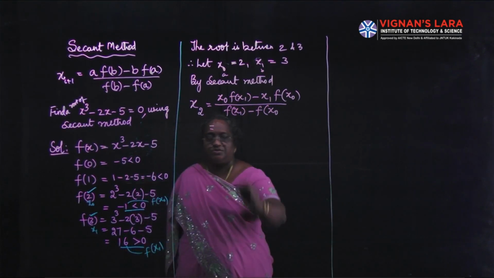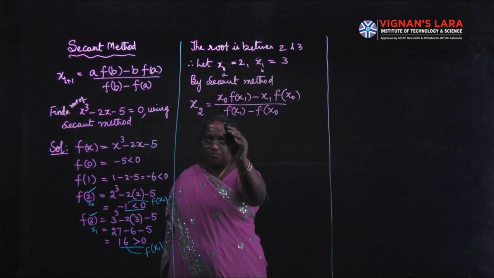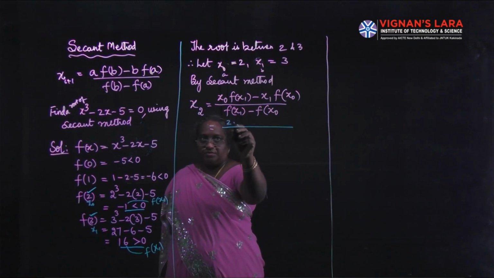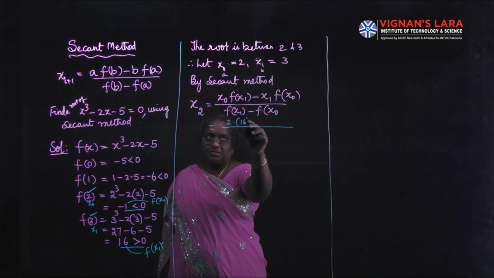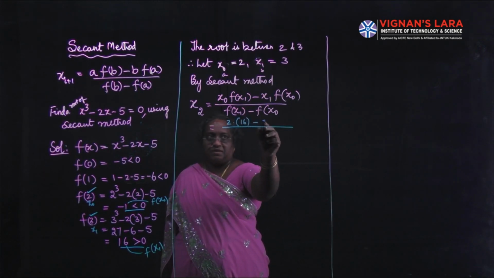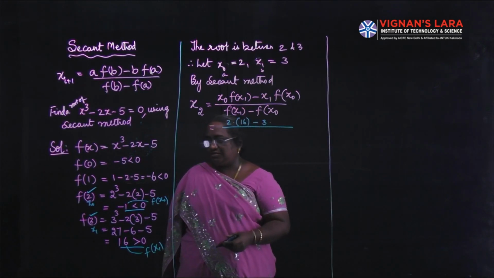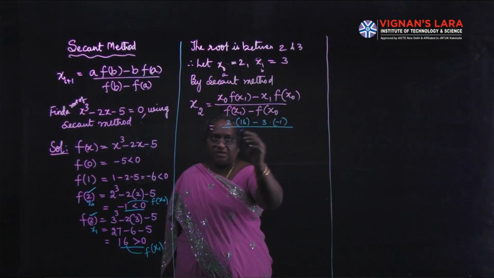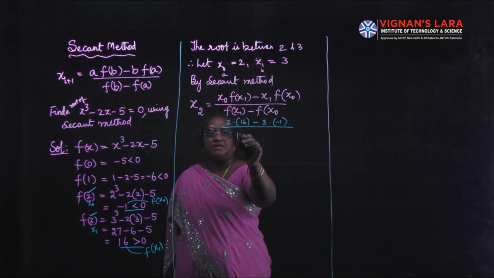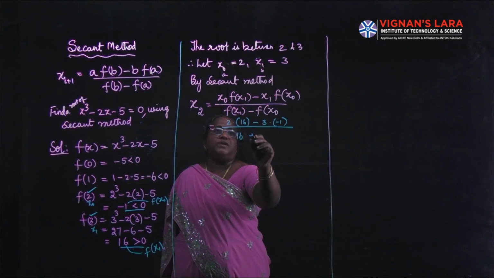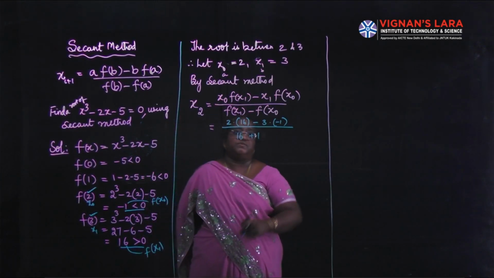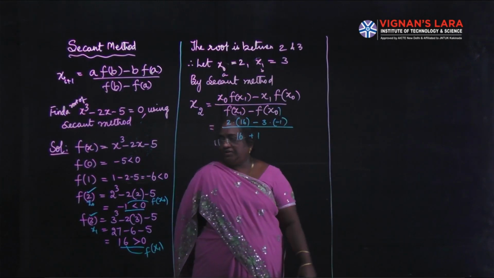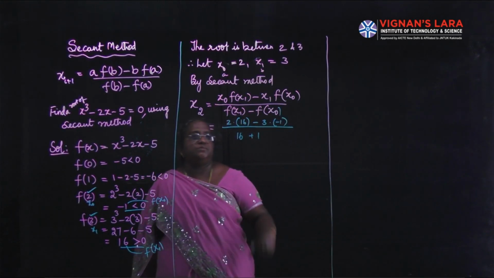So we will substitute those values. x0 is 2, 2 into f of x1, f of x1 is 16, minus x1, 3 into f of x0, which is minus 1, by f of x1 is 16 minus of minus, plus 1. Minus of minus plus 1 f of x0. f of x0 is minus 1, minus into minus plus.